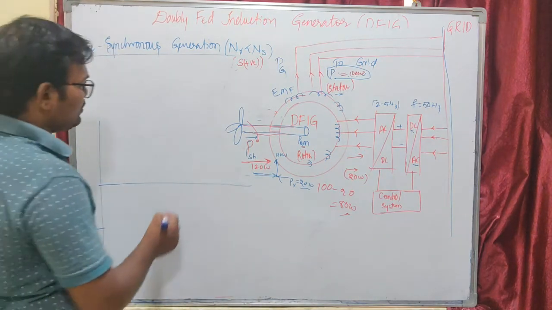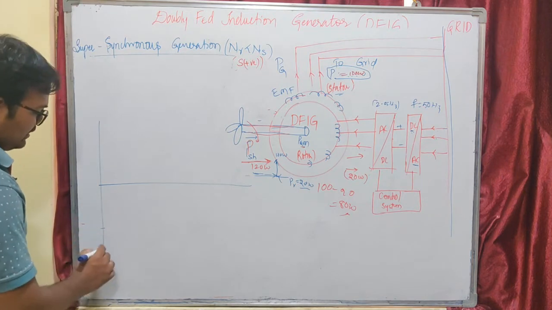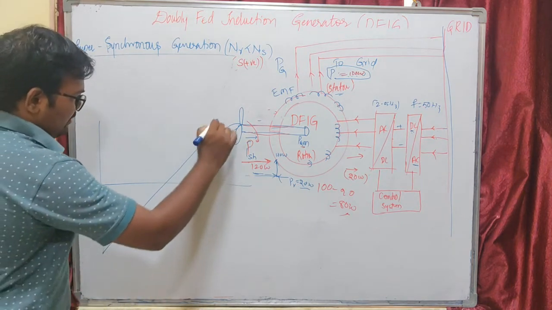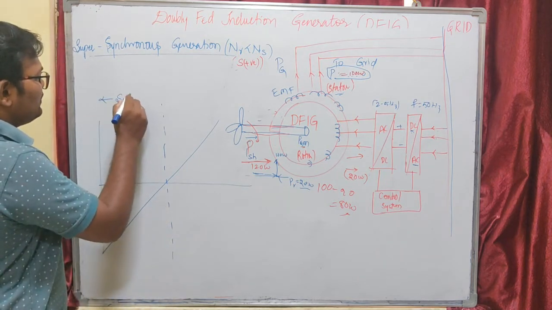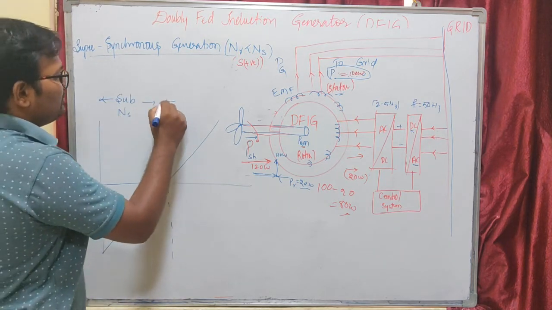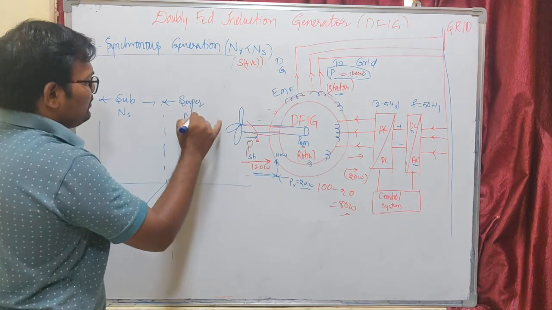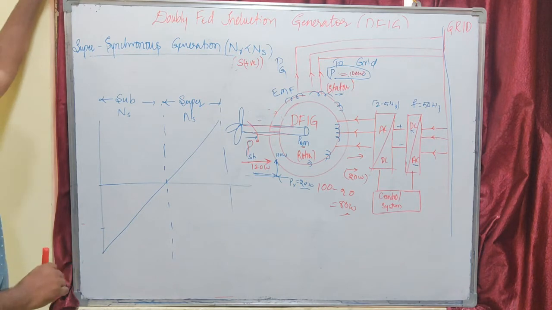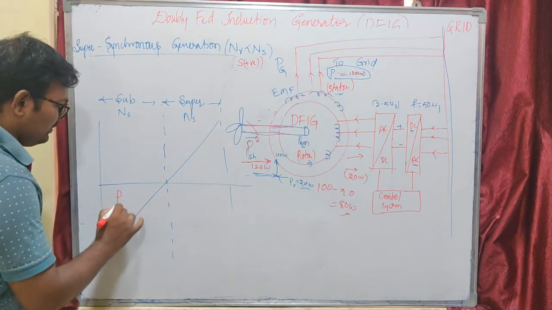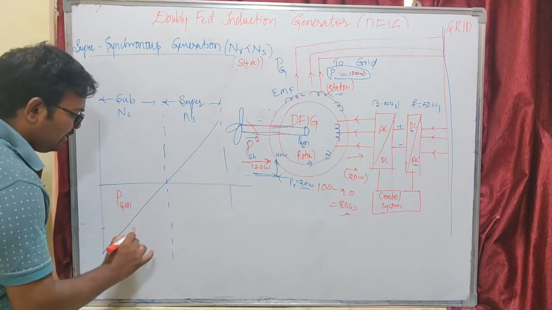Okay, in sub synchronous mode, what is happening? So this is sub synchronous, this is super synchronous. Here, at sub synchronous mode, our PGM and PR are like this.